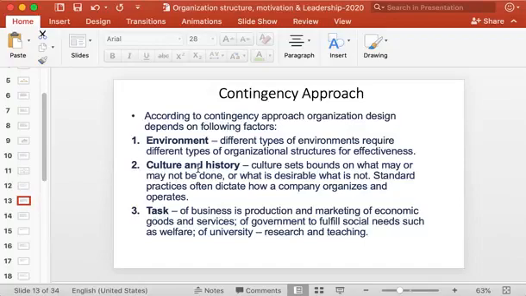So how an organization is designed will depend on all these factors.